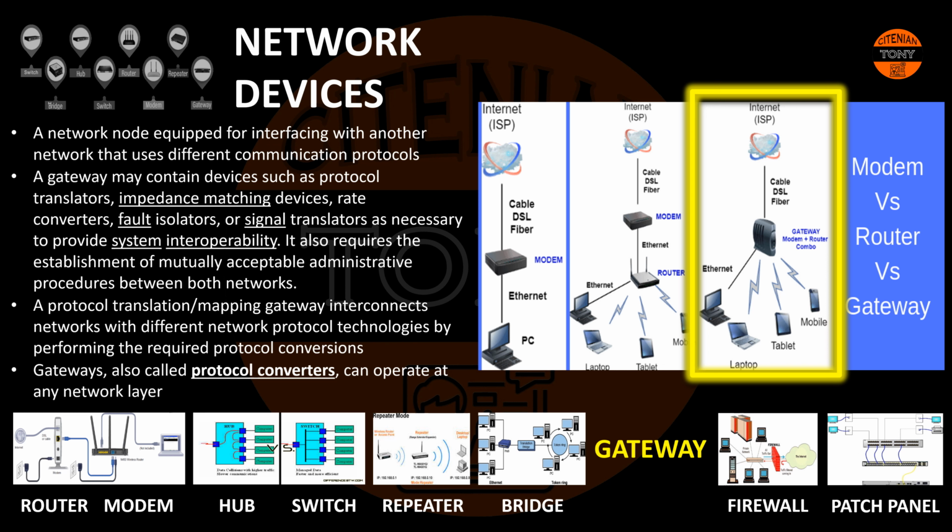It also requires establishment of mutually acceptable administrative procedures between both networks. A protocol translation mapping gateway interconnects networks with different network protocol technologies by performing the required protocol conversions. Gateway, also called protocol converter, can operate at any network layer.